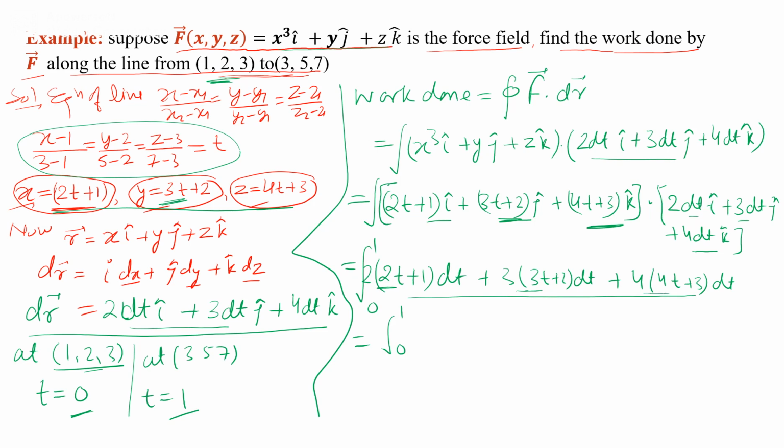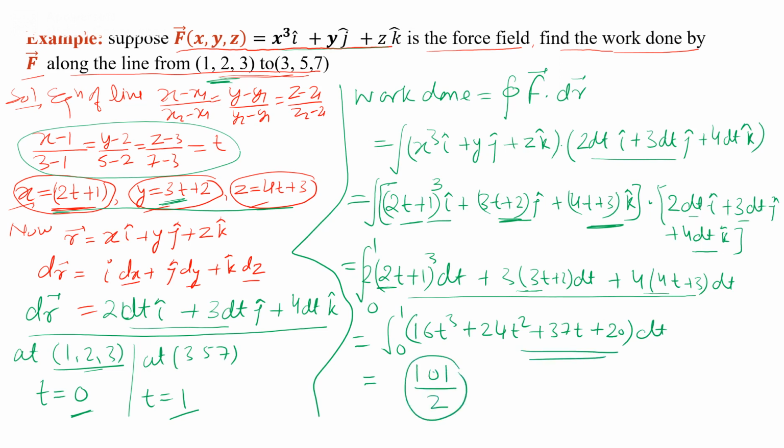Sorry, here we have a cube since it is x cube, so we write (2t plus 1) whole cube, and after expanding and simplifying we get 16t cube plus 24t square plus 37t plus 20 dt. On integration and substituting the limits, we get 101 by 2. You can easily integrate that term. In that way we can evaluate the work done by using the line integral.